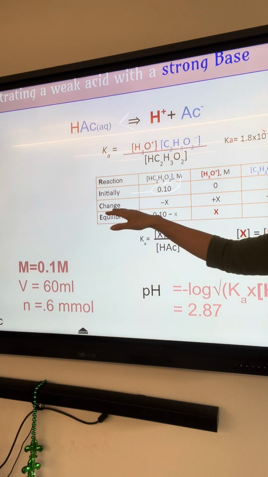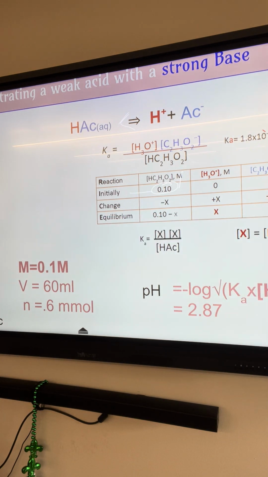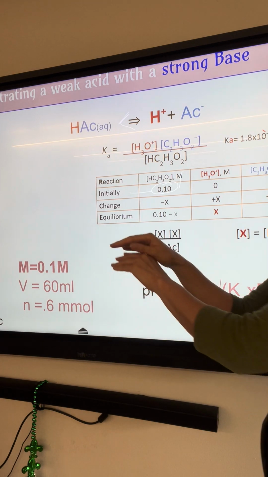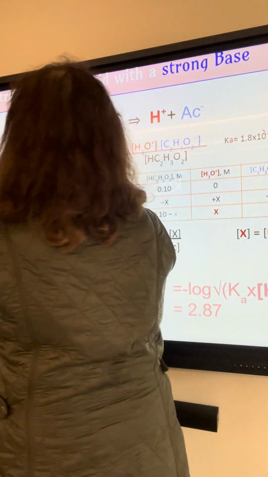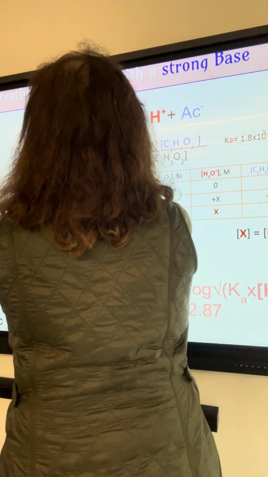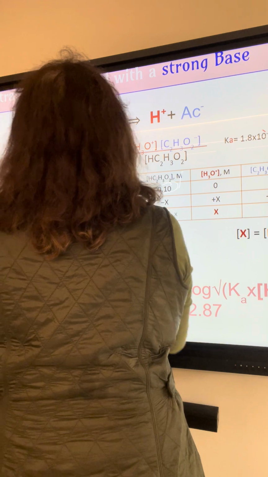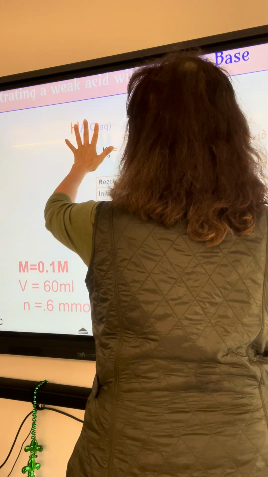Then the change is going to be when we don't know how much dissociates. In math, we call it X, right? So we're going to subtract an X amount. So we start with all the HAc I had, say 6 of them. How many dissociated? I have not a clue.